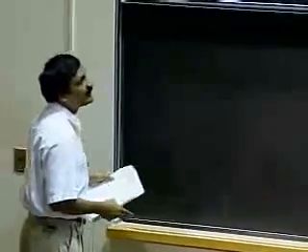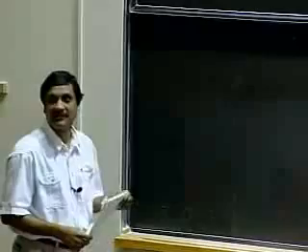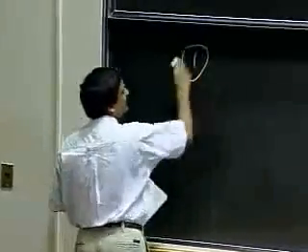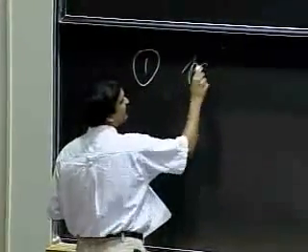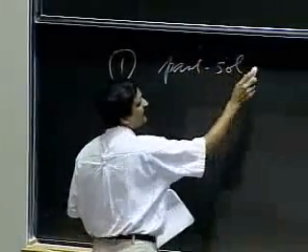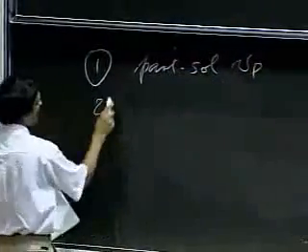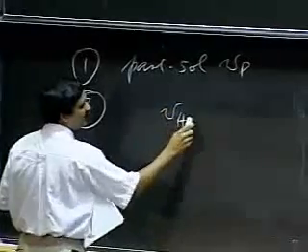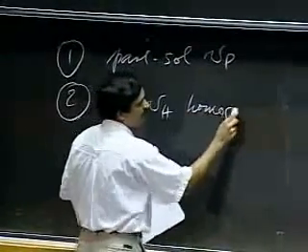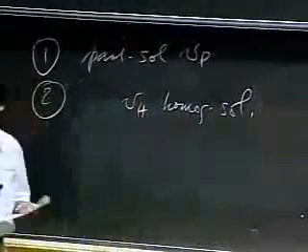The method that we use to solve it is a method of homogeneous and particular solutions. So as a first step, we're going to find the particular solution, Vp. Second step, we find the homogeneous solution, Vh.